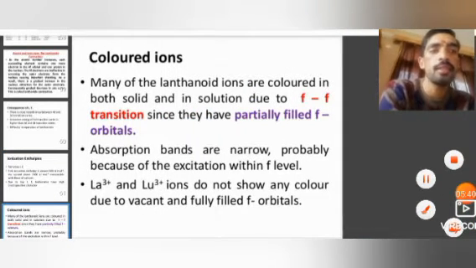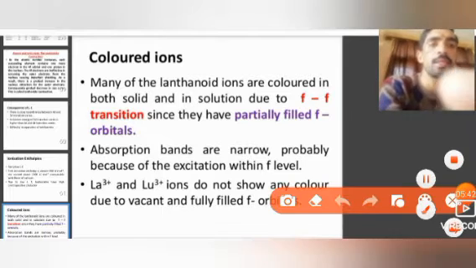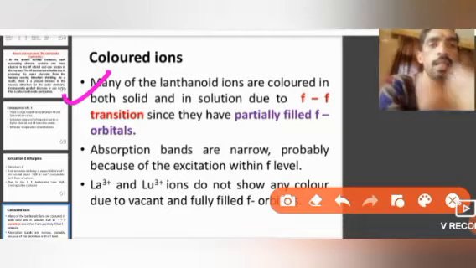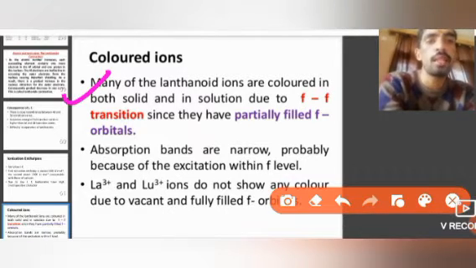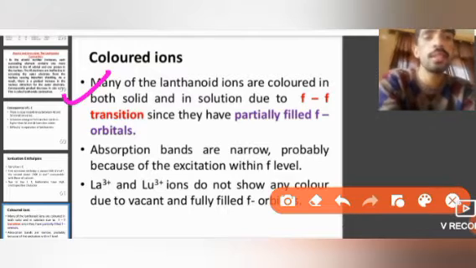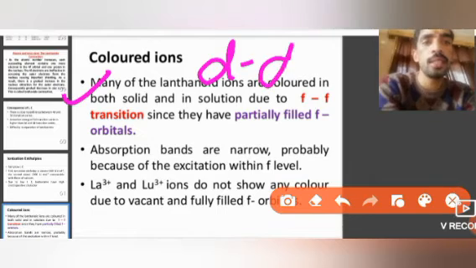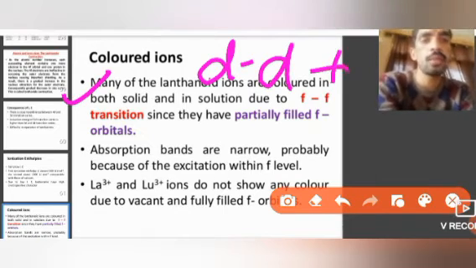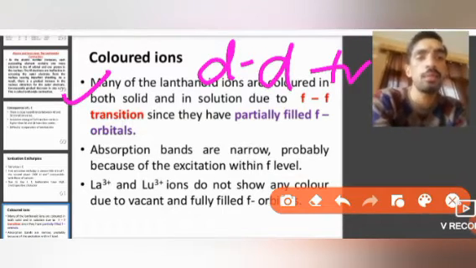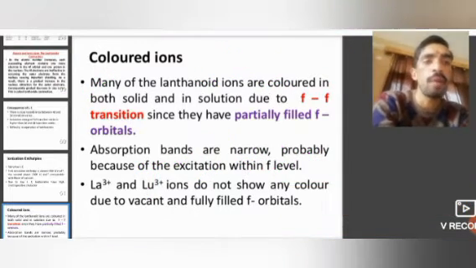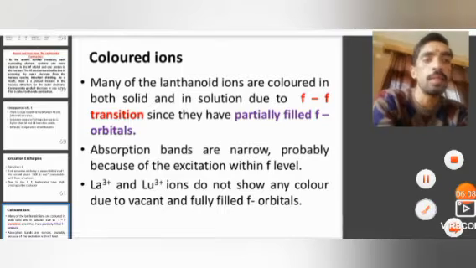Colored ions are also a property of d block elements, and similar properties are there in f block elements, the lanthanides. Many of the lanthanide ions are colored, both in solid and in solution. The reason is like most of the d elements were colored due to d-d transition, here most of the f block elements are colored due to f-f transition, where transition means partially filled f orbitals.